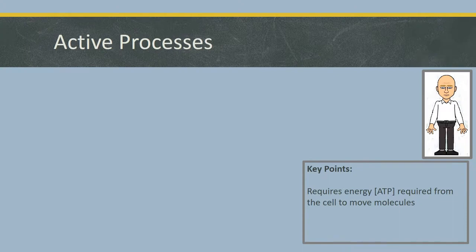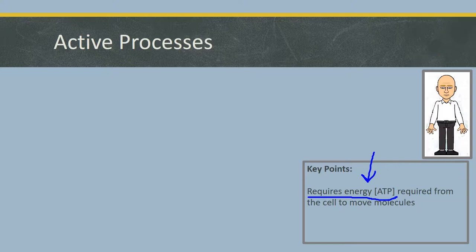So very simply, active processes, as you can see down in the key points section, require energy or ATP from the cell to move the molecules. So the cell needs to invest some of this hard-earned energy to move these processes. Often they're against the concentration gradients or doing really complex things.